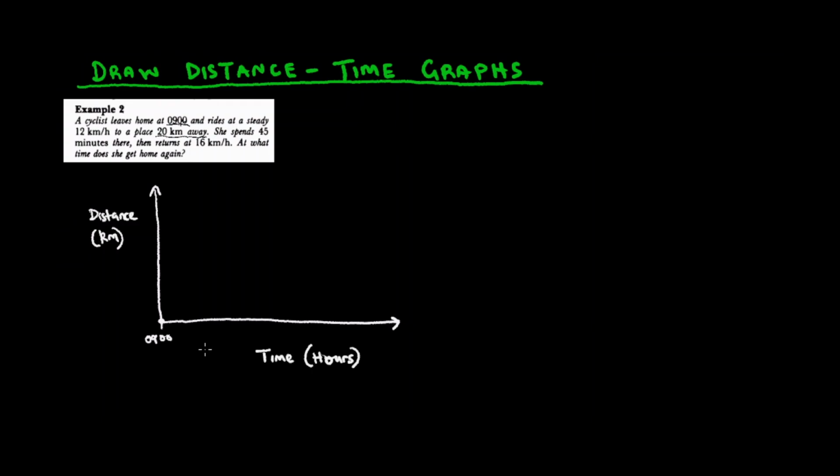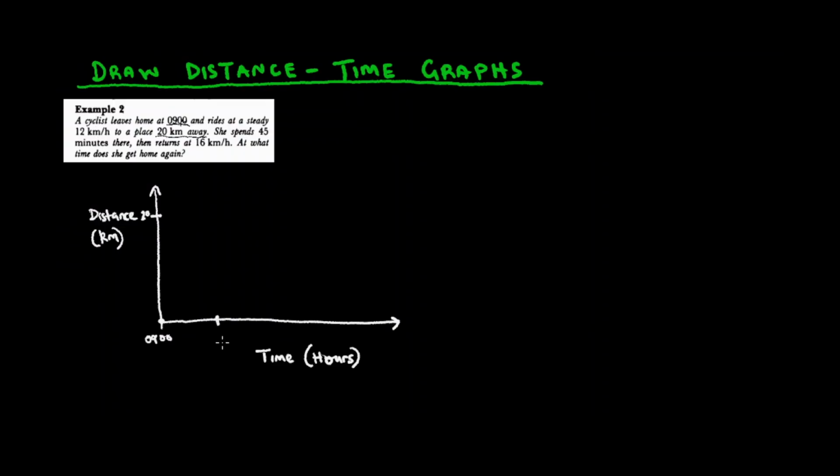Okay. So a cyclist leaves home at 900 hours and rides at a steady speed of 12 kilometers per hour to a place 20 kilometers away. So what is happening here? We need to know the time it takes to cover 20 kilometers, moving at a speed of 12 kilometers per hour.